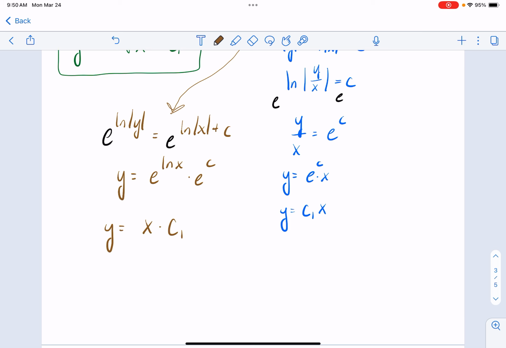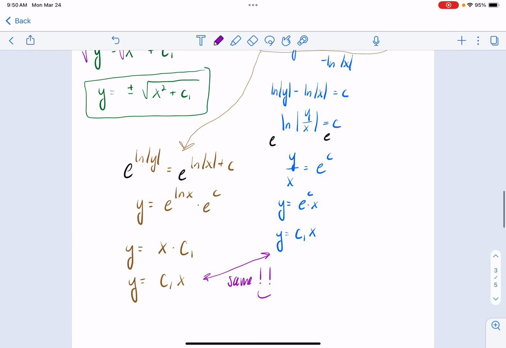Look at what we end up with: the same exact thing that we ended up with using the other technique. Either way, we end up with the solution y equals c sub 1 times x, which is the answer to this problem.